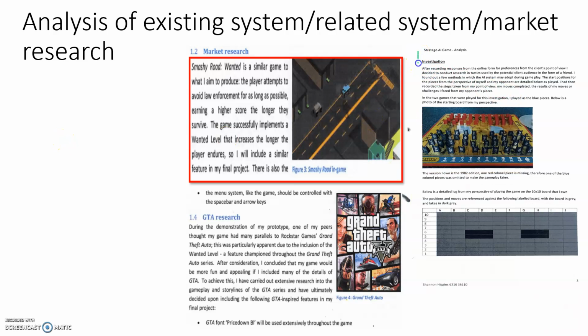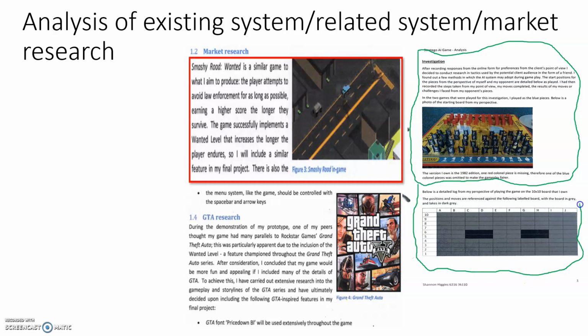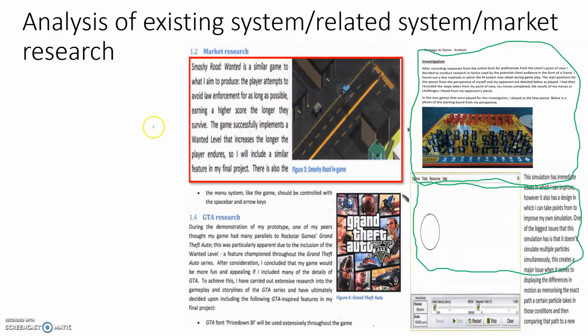So, in this particular example, on the right hand side, we have a project which involved this particular game that the student was going to make a computerized version of, and here we have then from that understanding of the logic and the moves that can be made in this game, which are obviously going to need to be simulated by the program. So that was quite a nice walkthrough of an actual game, how it works specifically, and then pulling from it the analysis, pulling from it the actual requirements in terms of the moves and the functionality needed in the game.